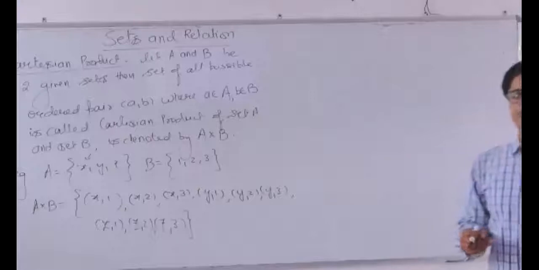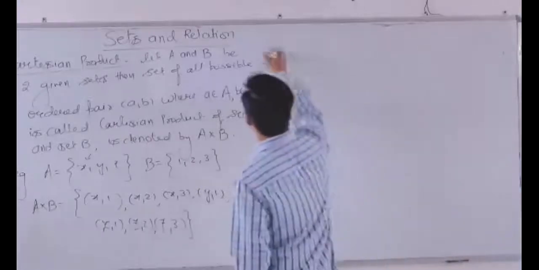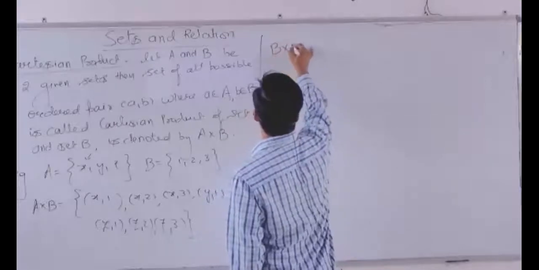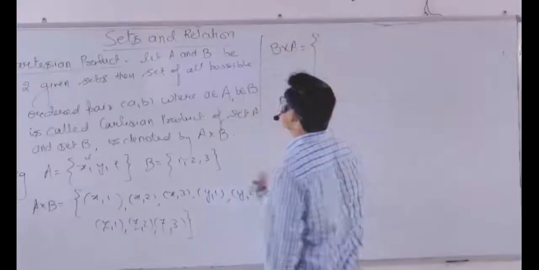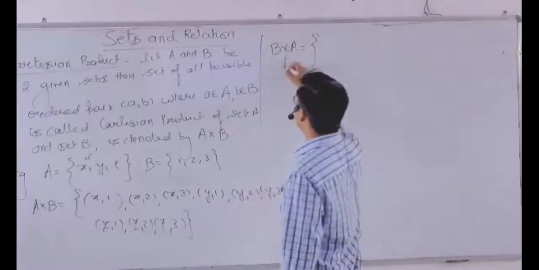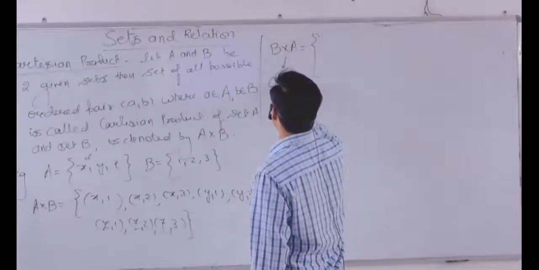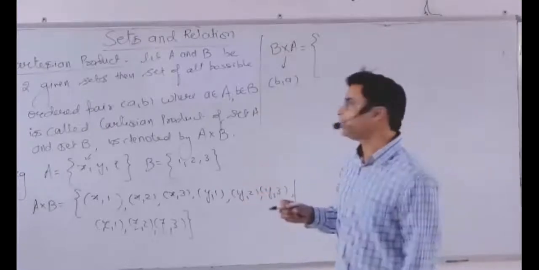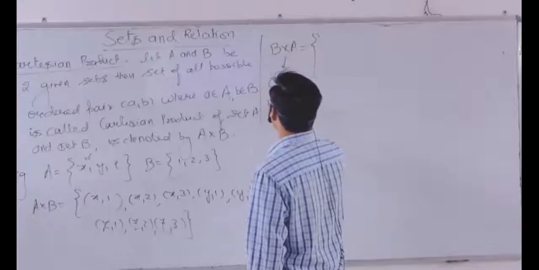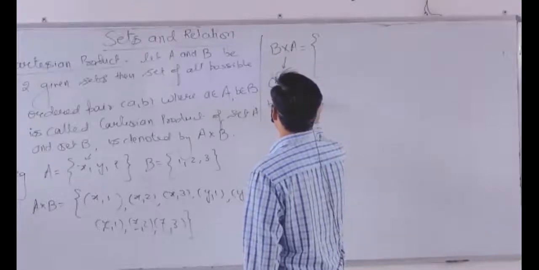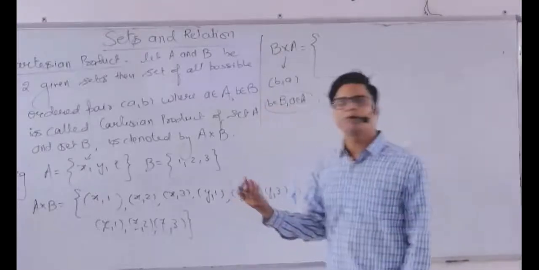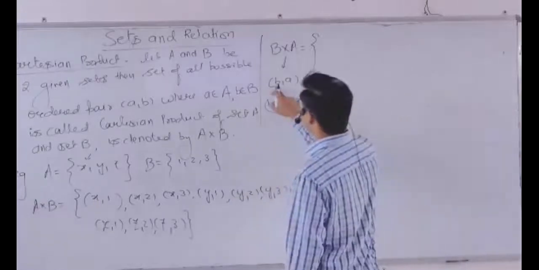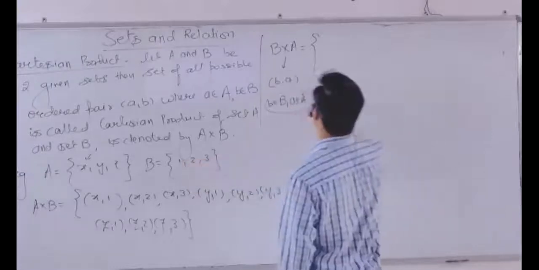Quickly copy this. Now, if I define the Cartesian product B cross A, then B cross A will have elements as ordered pairs (b, a), where b is an element of set B and a is an element of set A. So the first entry is from set B. Let's say I'm choosing 1.